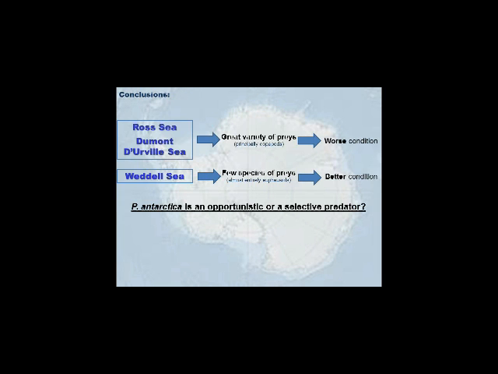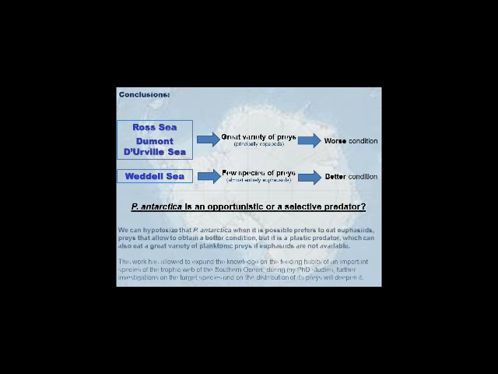The Costello diagram shows how in the Weddell Sea the population of Pleuragramma antarctica is specialized in feeding on euphausiids, while in the Ross Sea and Dumont-D'Urville Sea there aren't predominant prey. And the species just more important than the others are those that in literature are described as very common in those areas.